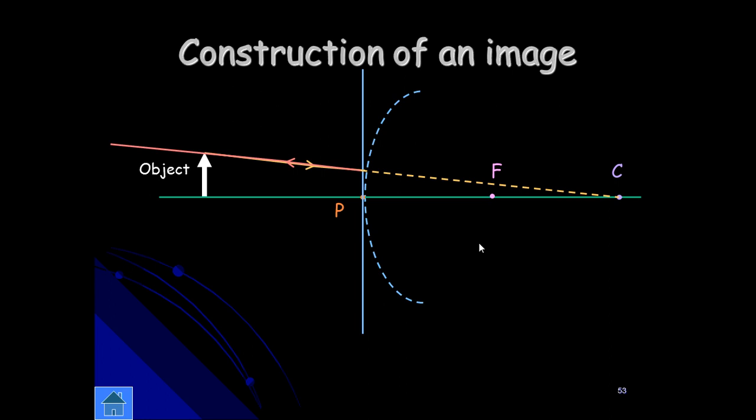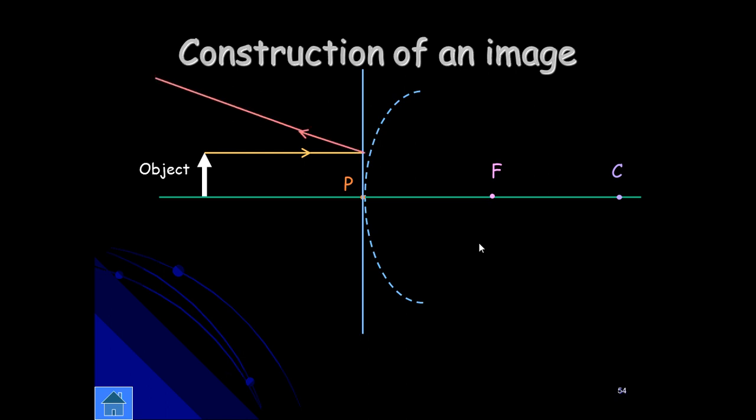Let's put an image. We know that the line that comes in is exactly the same as the line that comes out. There are other lines that we can use as we did before. This one, we use this because it is a diverging mirror. It uses this angle to reflect it away.